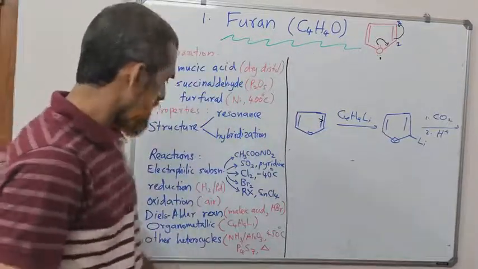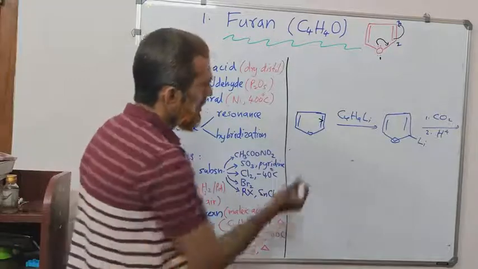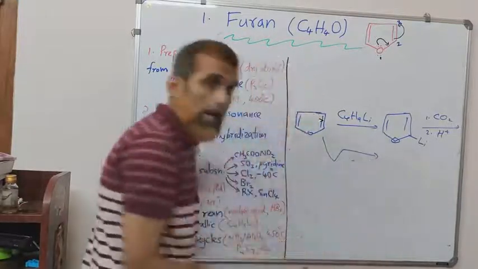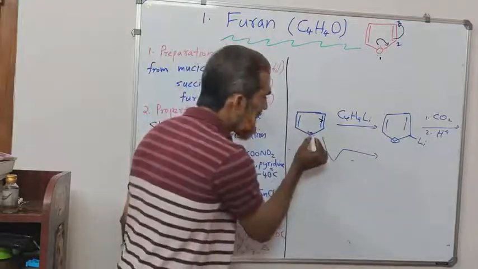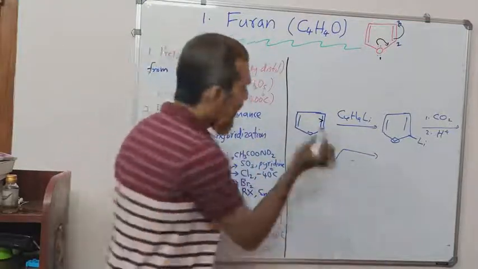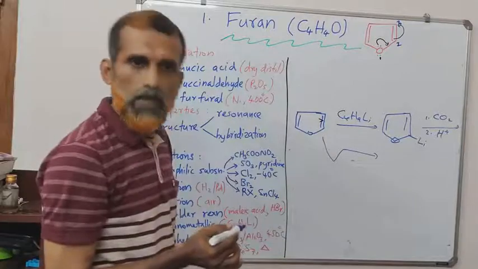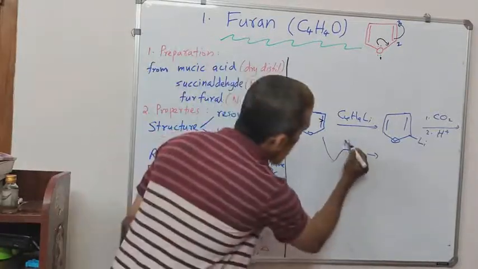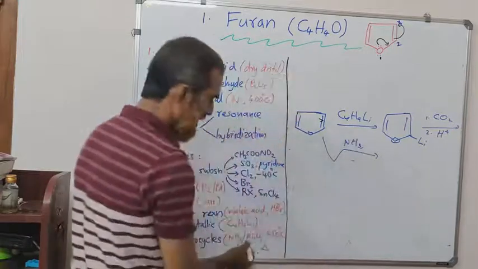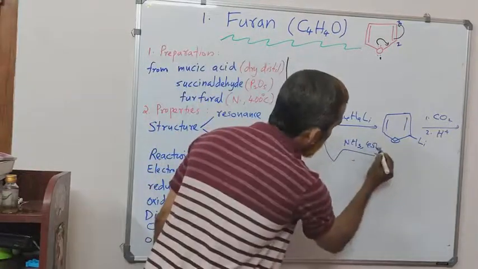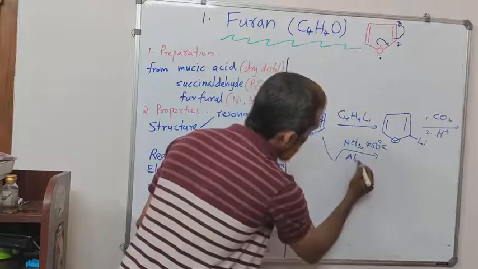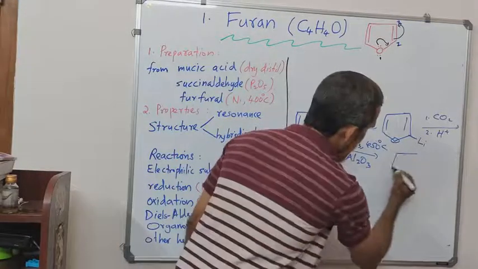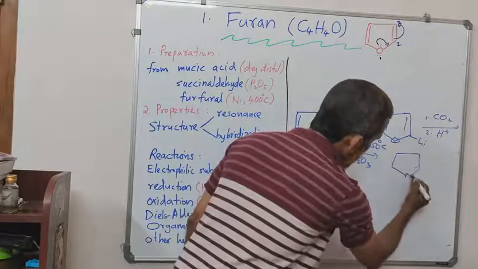Finally, you can convert this furan into other heterocyclics like the nitrogen analog, that is pyrrole, or the sulfur analog like thiophene, using respective reagents. If you treat with ammonia at a temperature of 450 degrees Celsius and in the presence of Al2O3, this oxygen gets replaced by nitrogen.